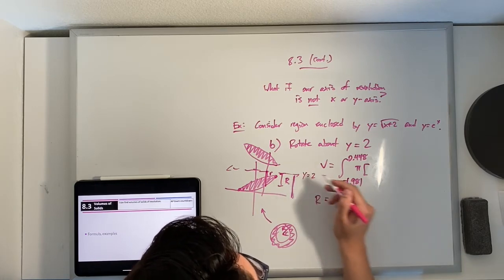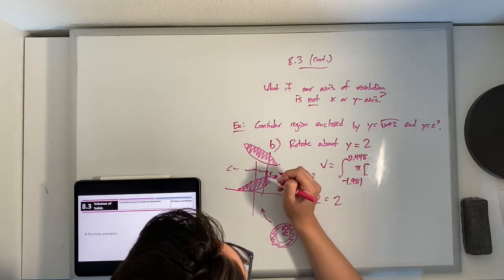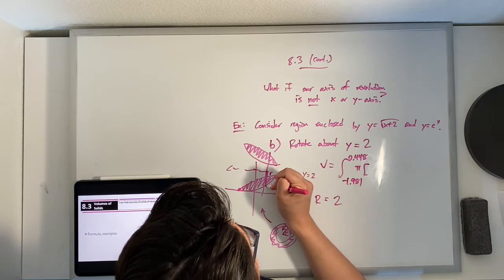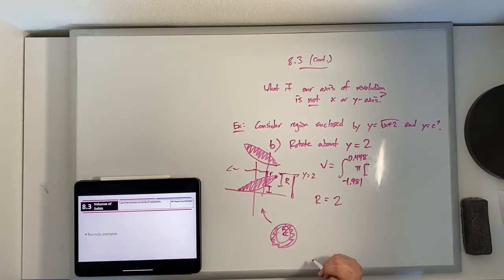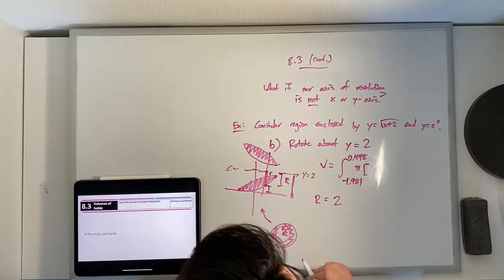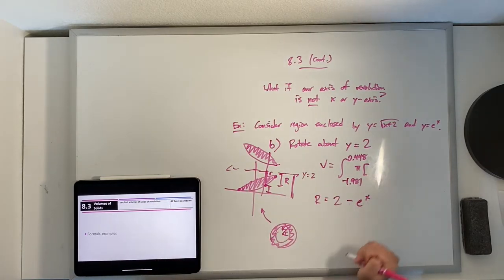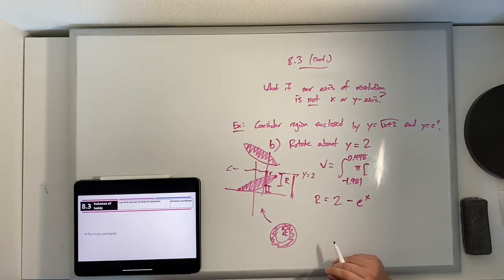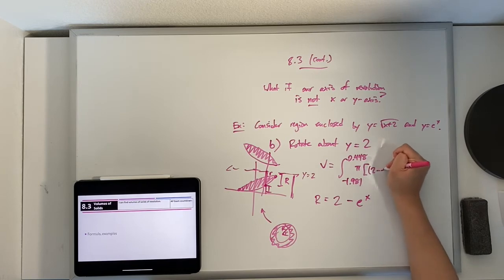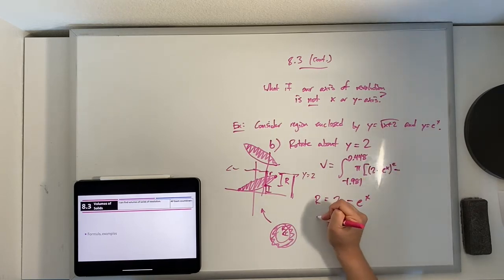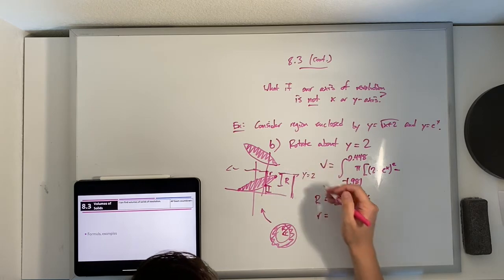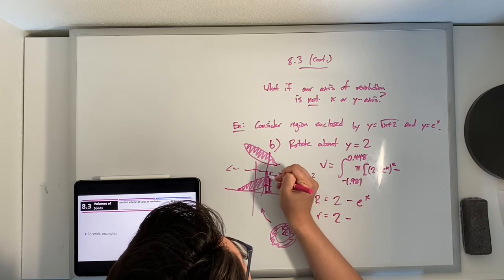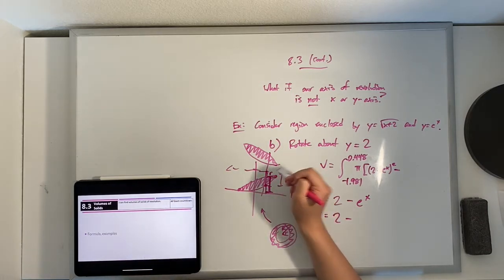So that whole distance is 2, but we only want this piece right here, which means we need to subtract this distance here. And what is that distance? Well, that was our e to the x, the function value there. And what's little r? Well, the whole distance is 2, and we need to subtract away this distance, which was this function value.